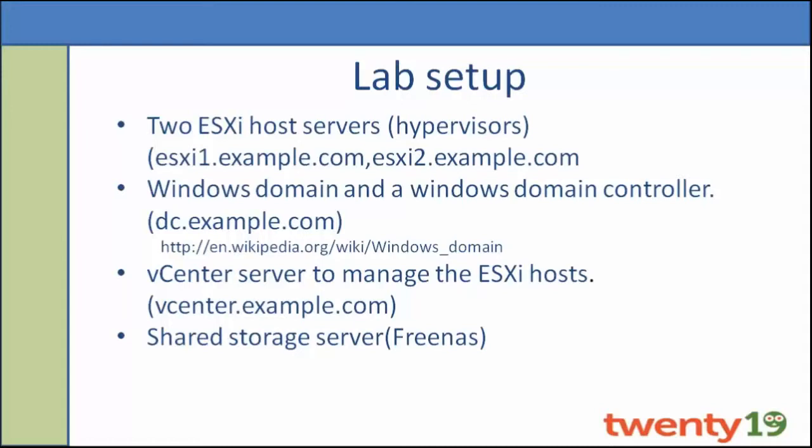Then we would also create another Windows 2008 computer, and install vCenter server in that Windows 2008 virtual machine to manage the ESXi hosts that were already created. Then we will also create a software based storage using FreeNAS.